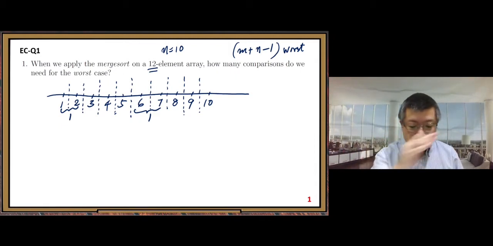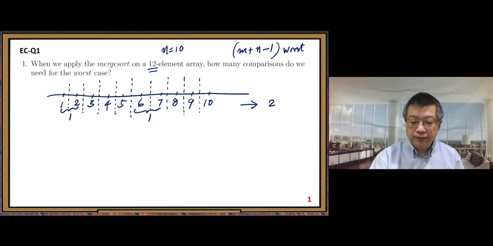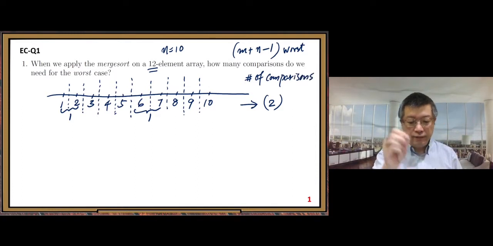Anyway, that's the first round. You can see in this round the total number of comparisons is 2. So let me write here, number of comparisons. All right, so that's that round.